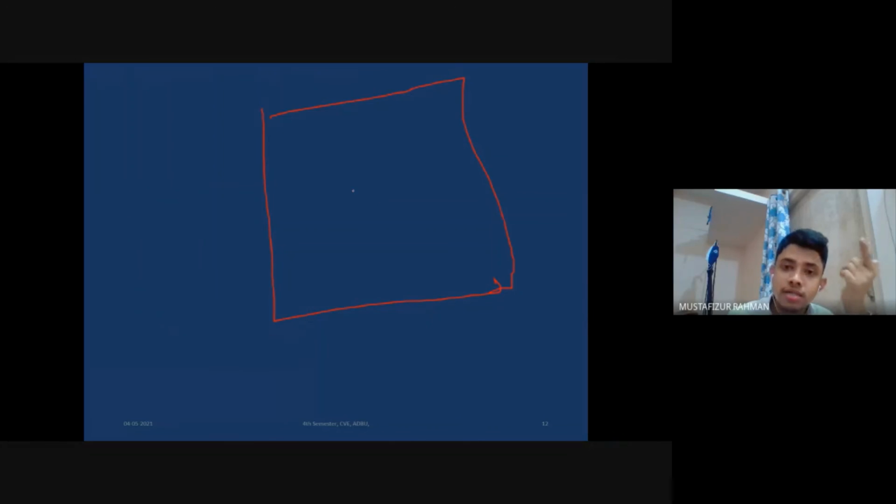The contour line must close, but not necessarily in our area. We can have a contour line like this, another like this. It is not closing in our study area, but in the actual field, it must close down. It must be something like this. That is one of the properties of contour lines.